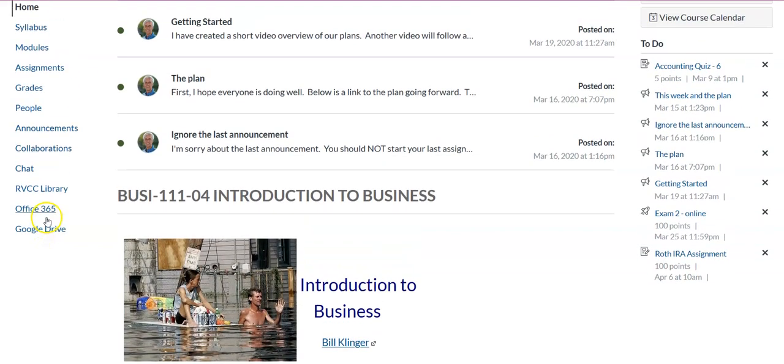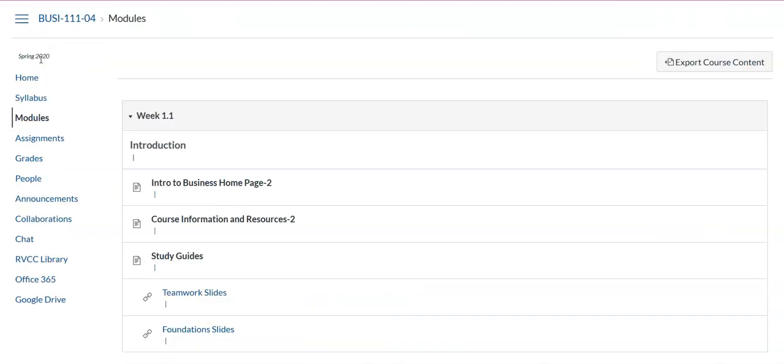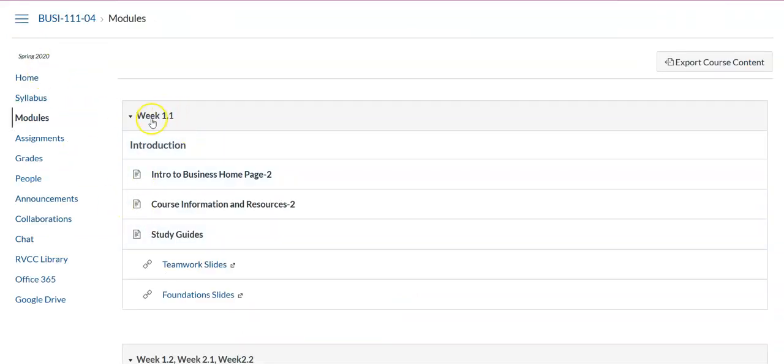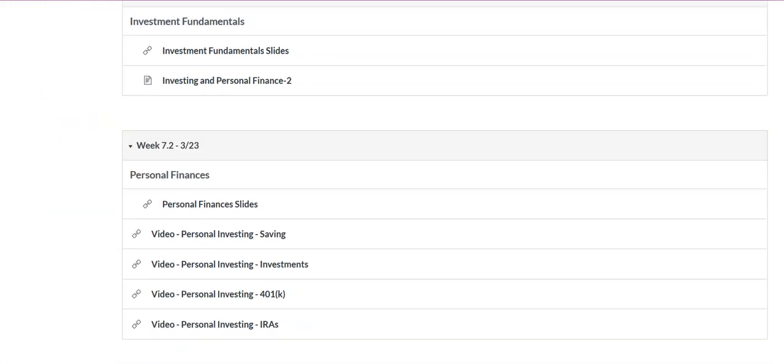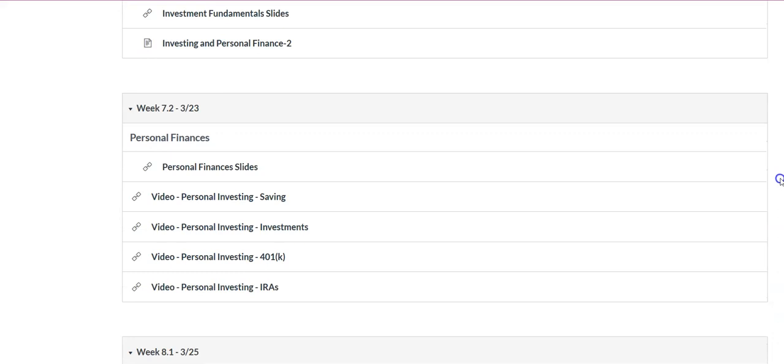The main changes that I've made are in the modules. In the modules I have it by semester week. This class is a Monday, Wednesday class. They're still doing the personal finances.